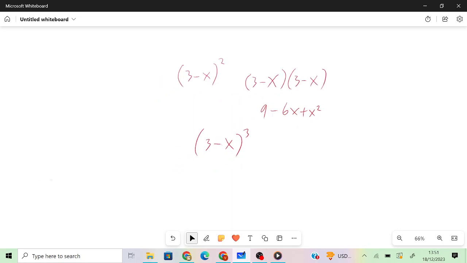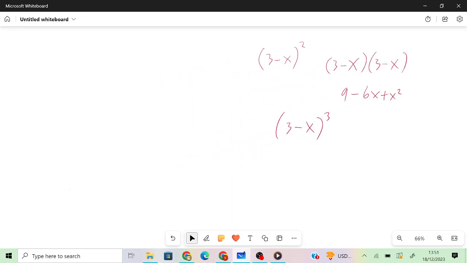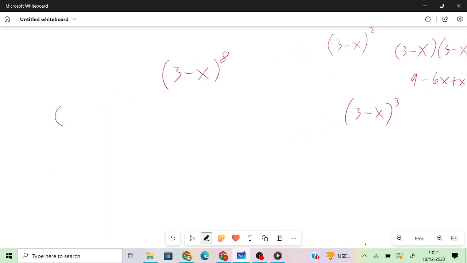But what if I told you we have something like this: 3 minus x to the power of 8. Now what mathematicians saw was that writing 3 minus x 8 times, 3 minus x, 3 minus x, 3 minus x till 8 times, is a waste of time, and it will take a lot of algebra and lots of collecting of like terms.